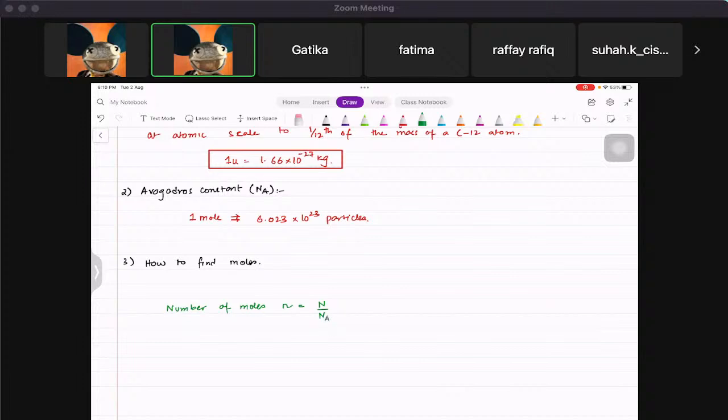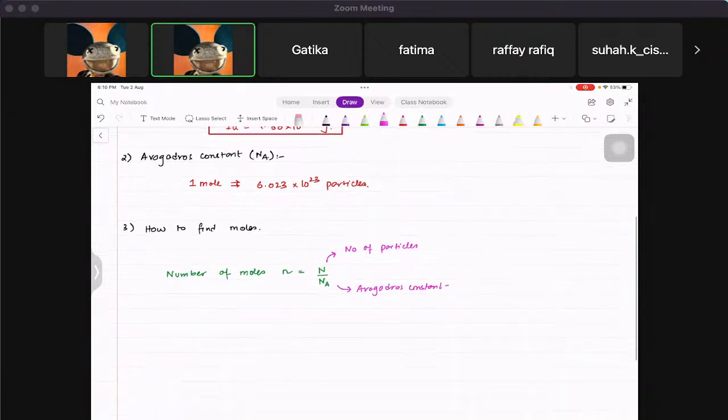I'm just going to write what is N. N means number of particles, whether it's a gas or any other material, and Na is Avogadro's constant, right? The other formula to find moles, you have to remember that the number of moles n is equivalent to m over Mr.